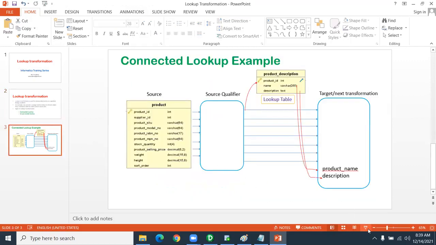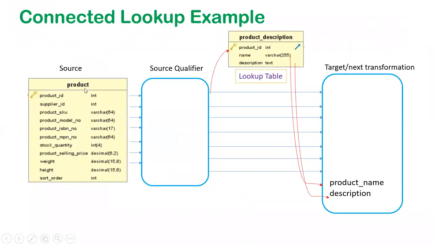If you look at this example, the source is the product table. We have the product ID as the primary key here. Then supplier ID, product model number, ISBN number, product MPN number, some different numbers. Quantity, selling price, weight, height, and all we have.